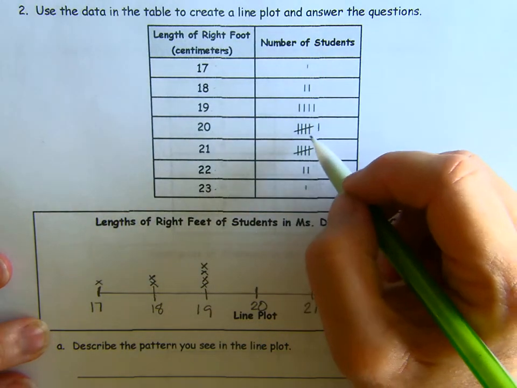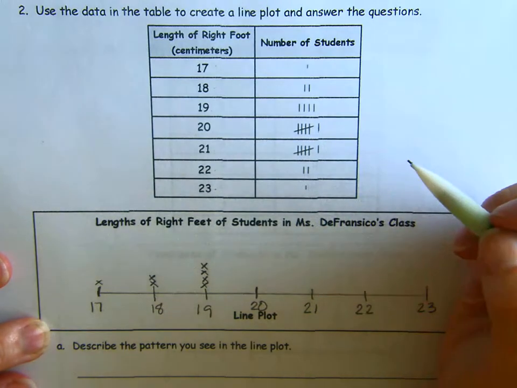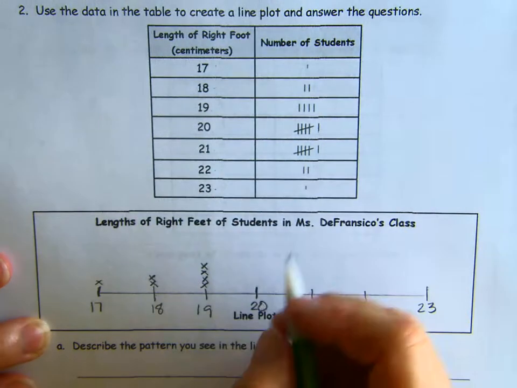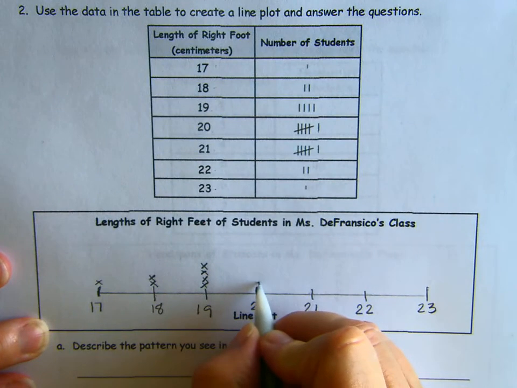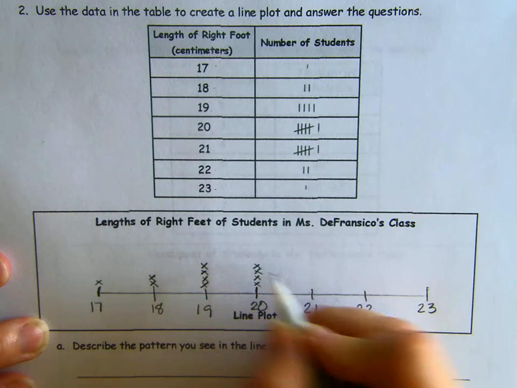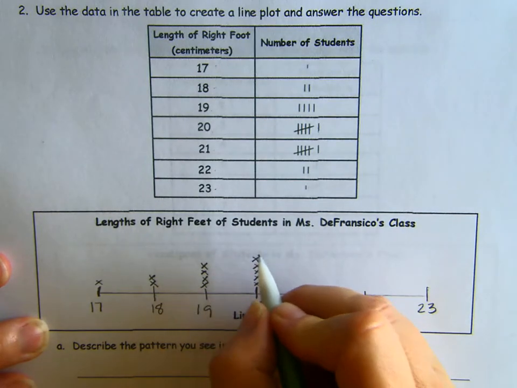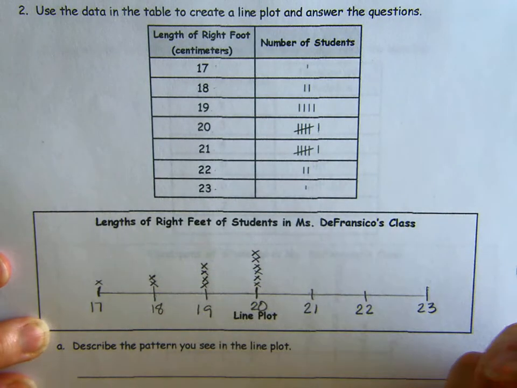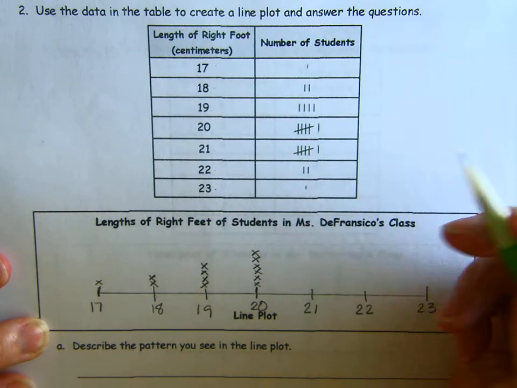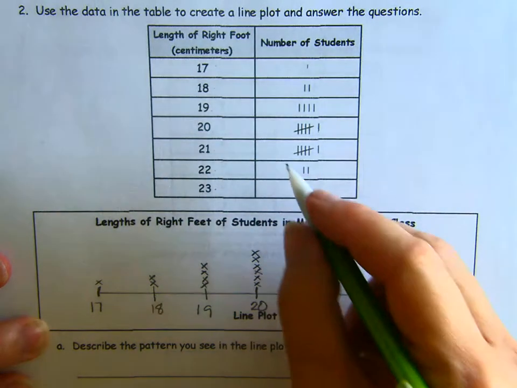Here we have 20 and we have 6 people at 20 centimeters. So we're going to make 6 X's. 1, 2, 3, 4, 5, 6. And then here again, the slanted line needs 5 and 1 more.